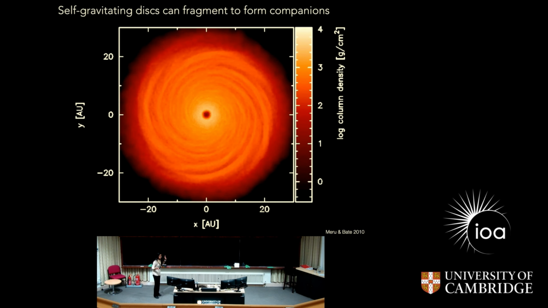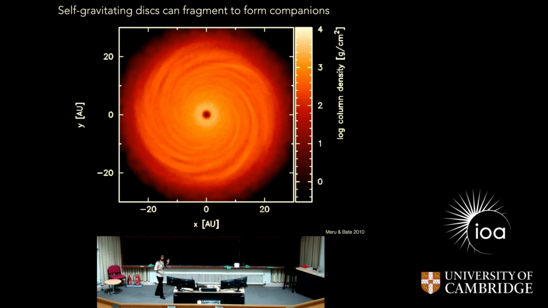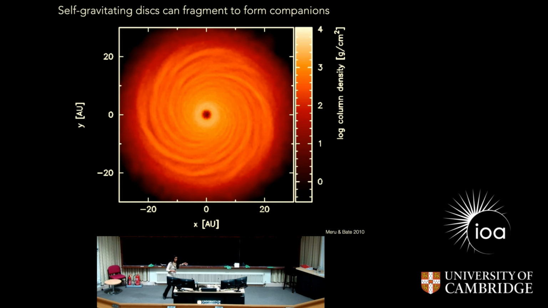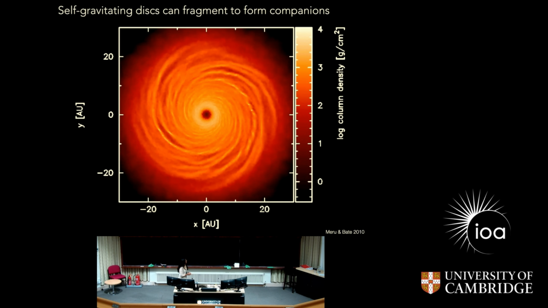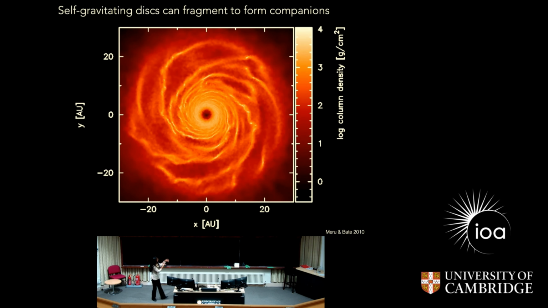In our case, these may be brown dwarfs, they may be planetary mass companions, they may even be stellar mass objects as well. What you see in this movie is that the outer part has fragmented into little gas balls that will ultimately evolve into these various different objects.